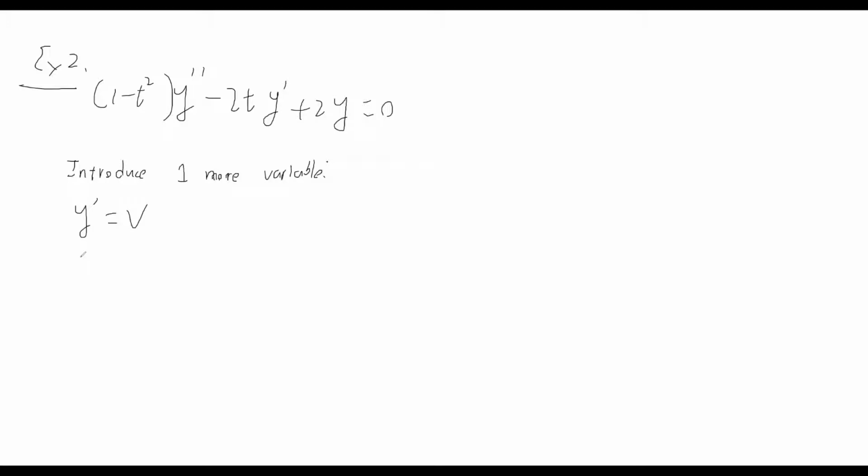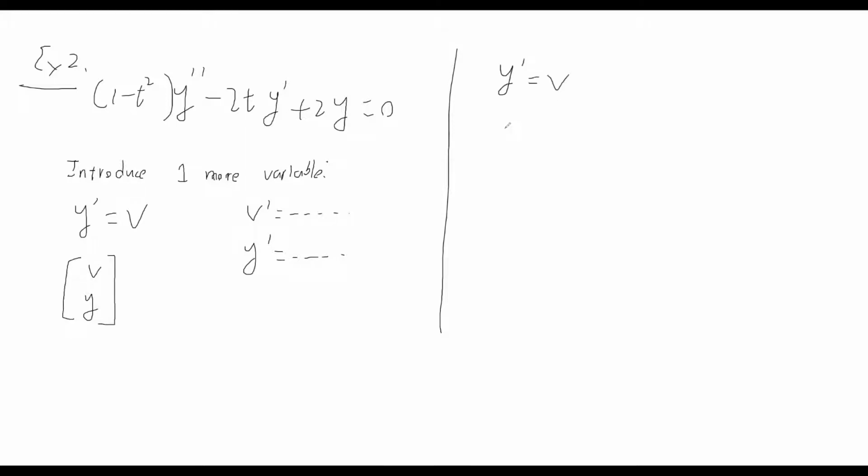Basically v is just y prime, but using v, we can write out v prime is equal to something else, and y prime is also equal to something else. These two equations will be our normal form, and then we can use them to come up with our matrix form. The easy one is y prime: y prime is just v.